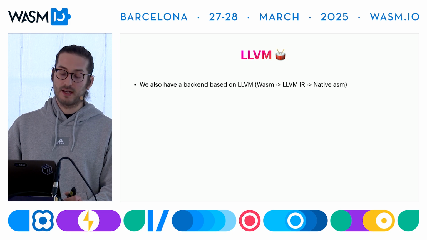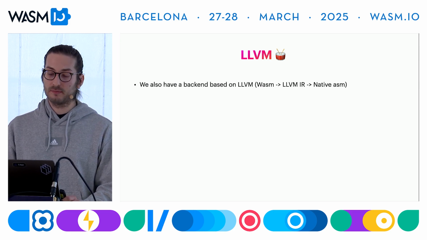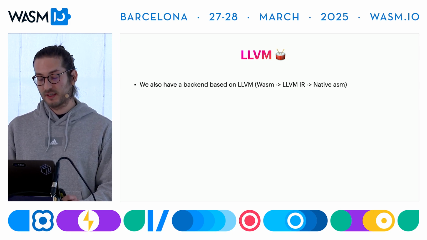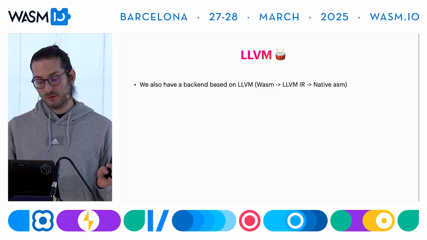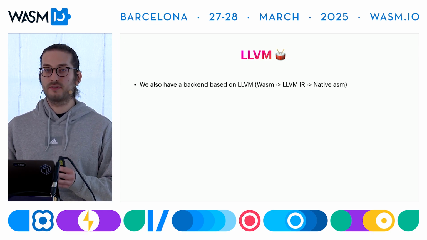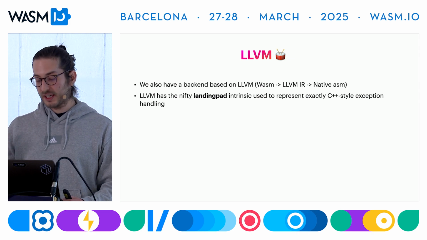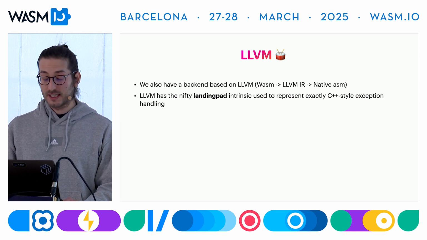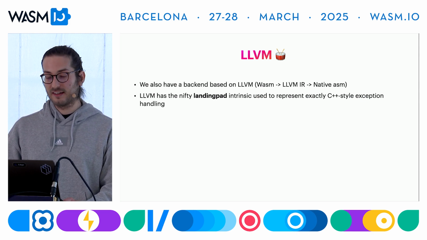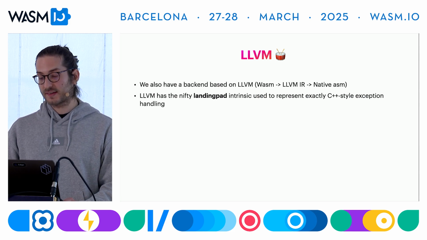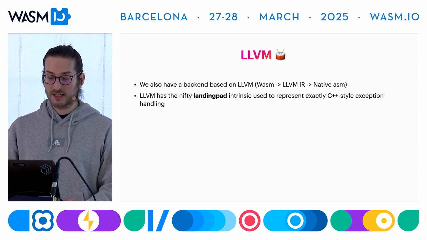We not only have V8, of course, we also have a backend based on LLVM. And roughly, the idea is that we get the WebAssembly, which we convert from it to LLVM IR, and then we compile it to native, apply the relocations, mark the code as executable, and all of that. And LLVM has this nifty landing pad intrinsic, which is used exactly to represent C++ style exception handling.